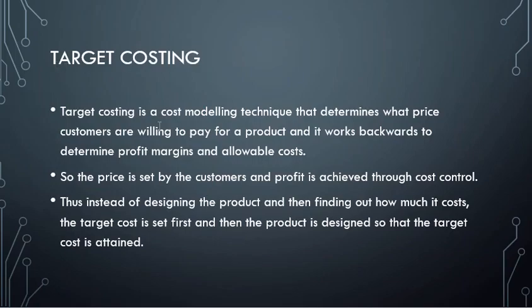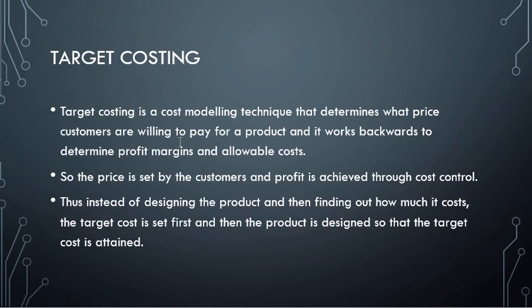Target costing is a cost modeling technique that determines what price customers are willing to pay for a product, and it works backward to determine profit margins and allowable cost. Looking into this statement, you will understand that target costing is used to determine the price at which customers are willing to pay and buy the product.